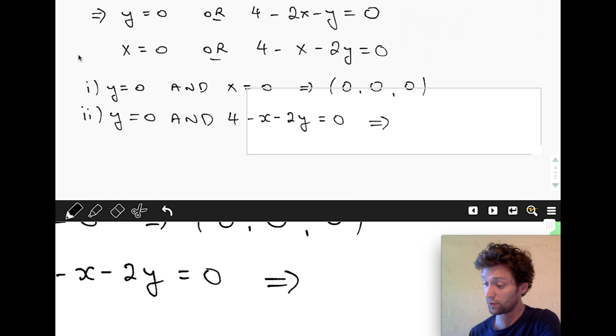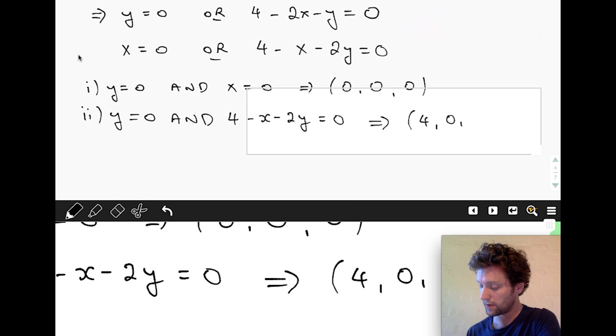So when y is equal to 0, that implies x is equal to 4. We had y is equal to 0, and if I substitute x and y equals to those values into f, I find that I get 0 again.